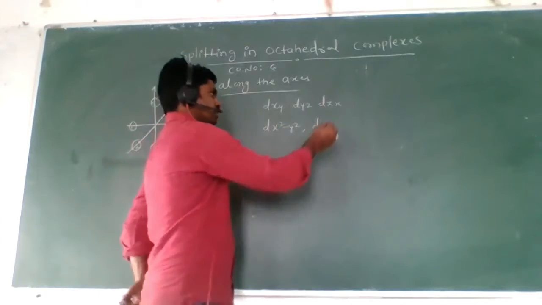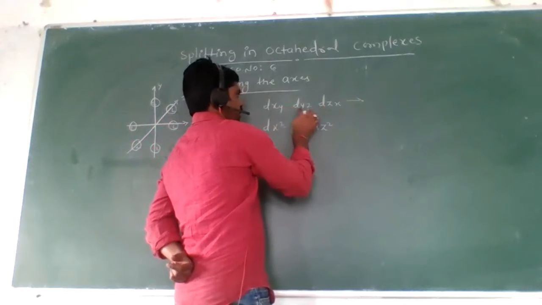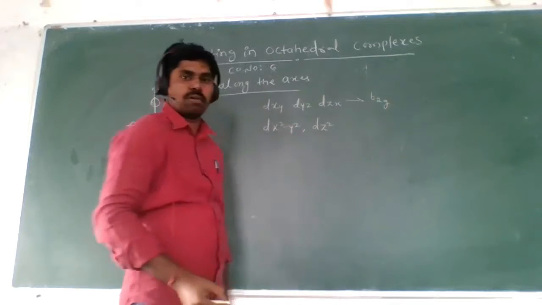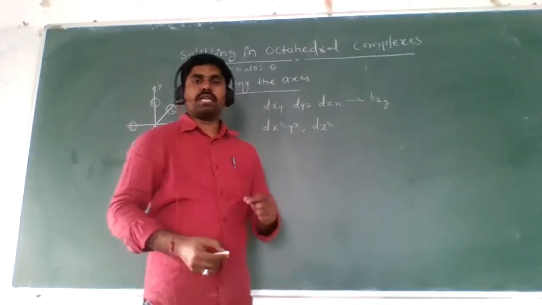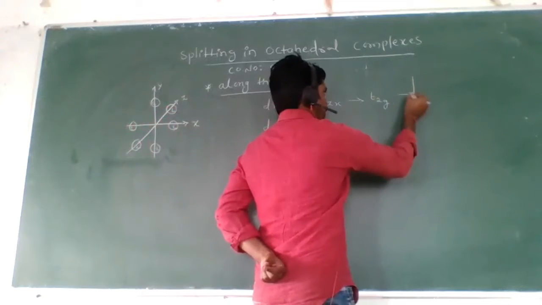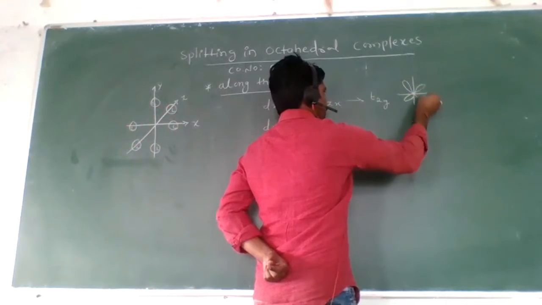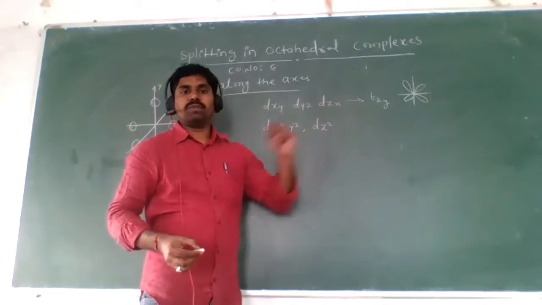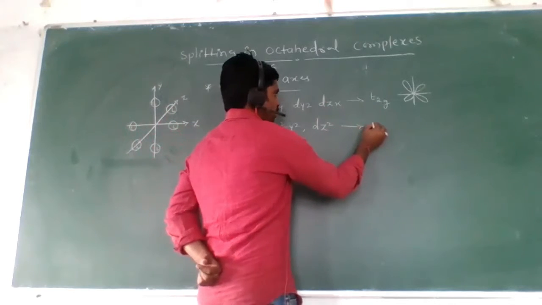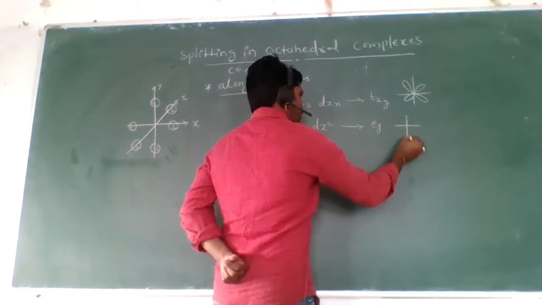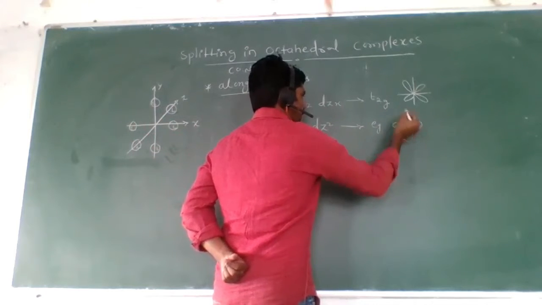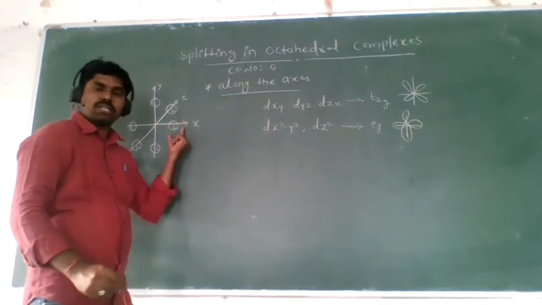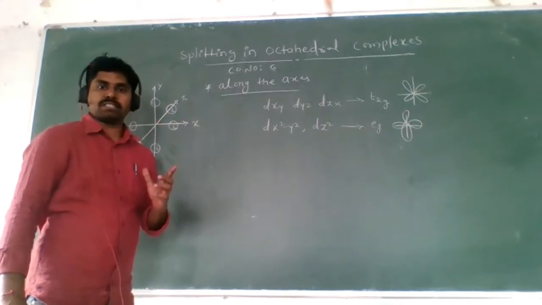Already in the previous class we discussed that dxy, dyz, dzx are the T2g orbitals, because the orientation of these orbitals is in between the axes. But we call the dx square minus y square and dz square orbitals the Eg orbitals, because their orientation is along the axis. Is that clear? Now the ligands approach the central metal atom along the axis.